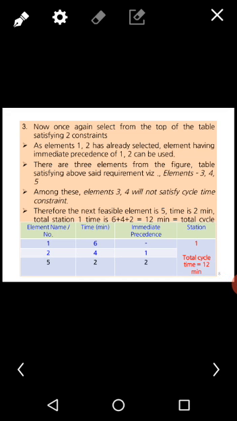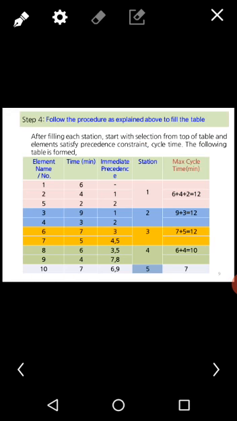This completes one station, which has 3 elements 1, 2, 5 and its time is 6 plus 4 plus 2 is equal to 12, also with respect to their precedence. Totally we have 10 elements. Out of 10 we have assigned 3, and the following steps should continue till all the elements are complete.